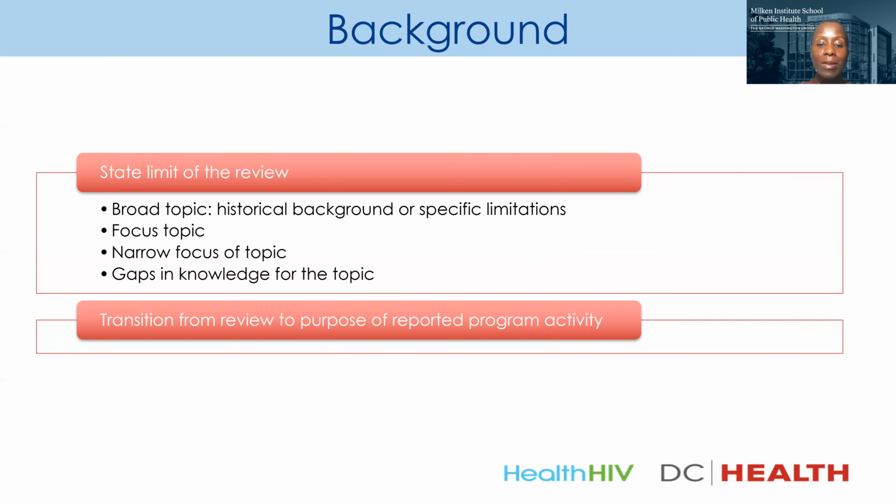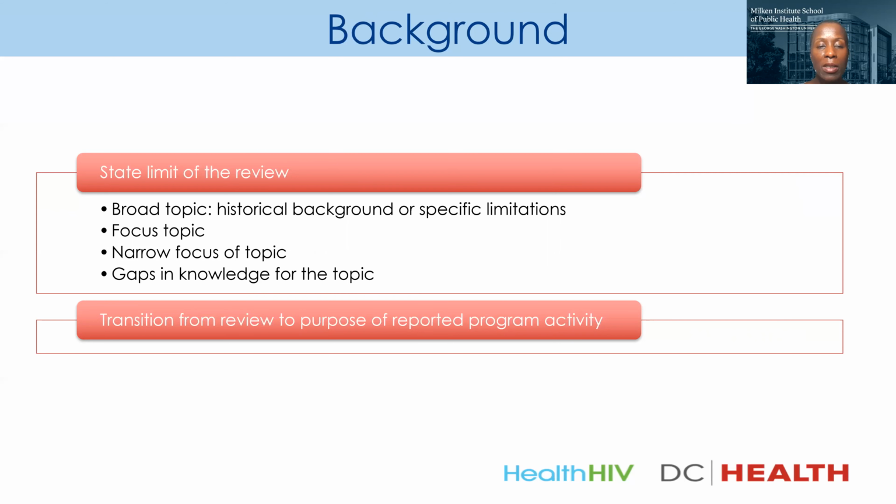And the focus topic, when we look at the topic in said community, we make it even more narrow by focusing or honing in on a population specific to that community. So we can probably look at men who have sex with men as a subpopulation of a larger population in a particular ward in the city.